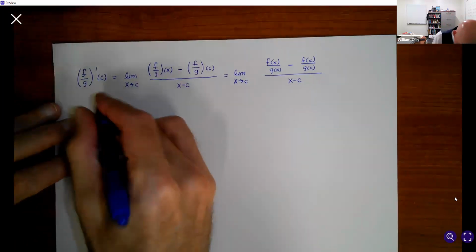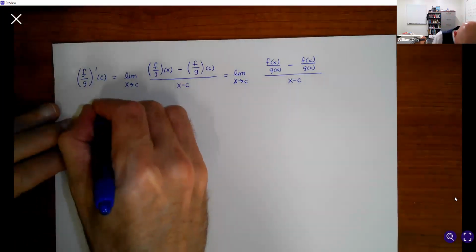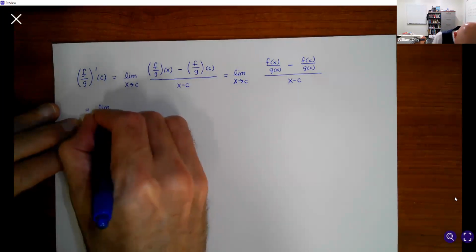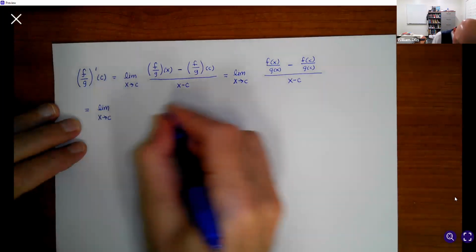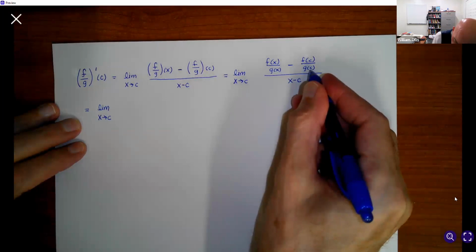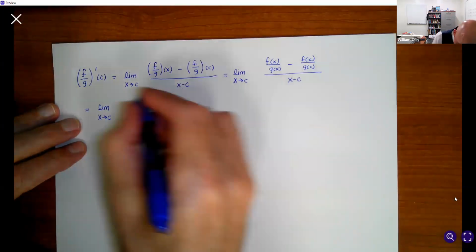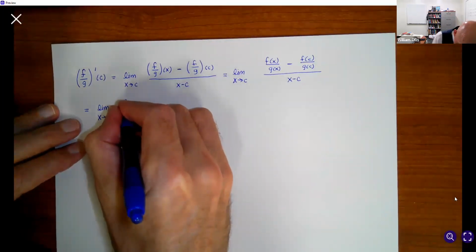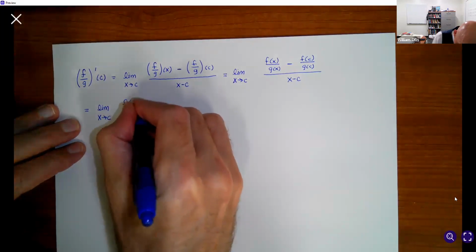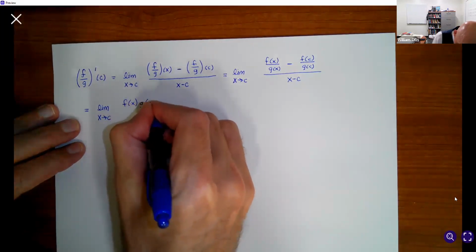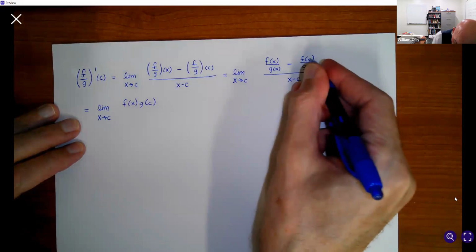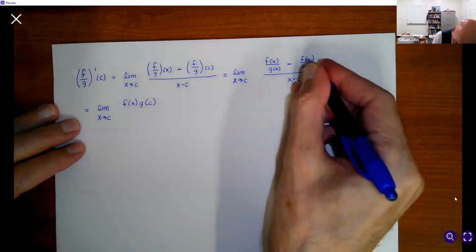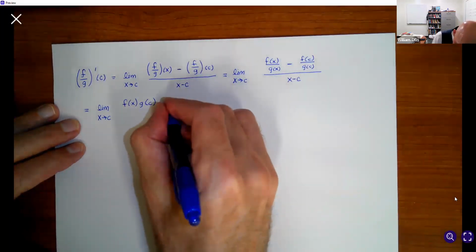So let's get common denominators. So we'll have g of x times g of c. So we're going to need an f of x times g of c. And then I'll just move over here. We're going to need a g of x times f of c.